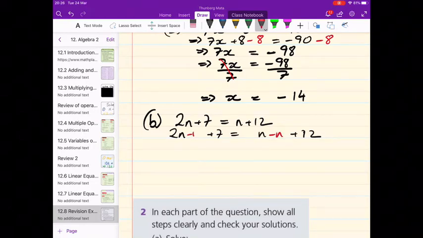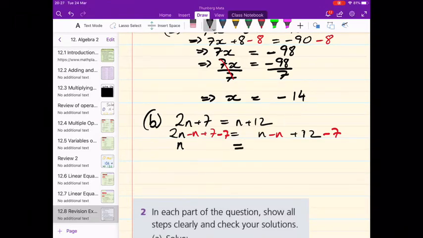So now I want my variables on this side, so I'm going to subtract n from this side and subtract n from that side. But I also want this plus 7 to not be on the left hand side, so I'll subtract 7 from it as well. So I'm subtracting 7 from both sides.